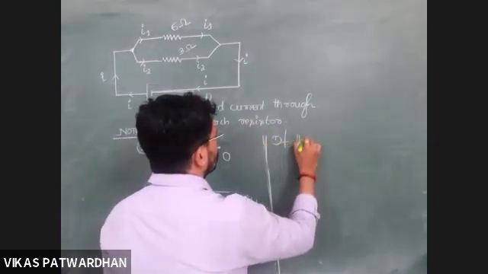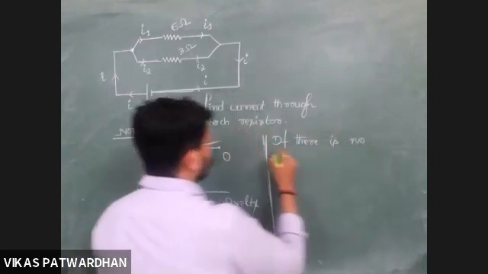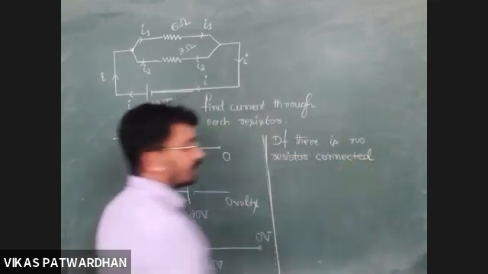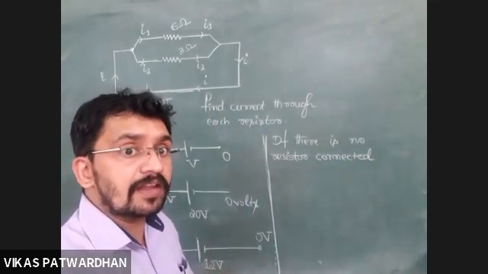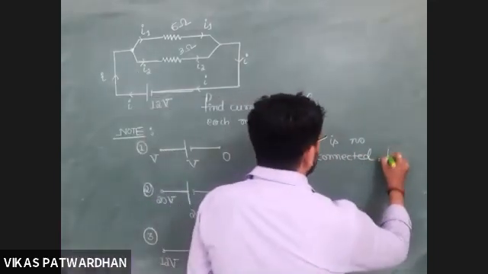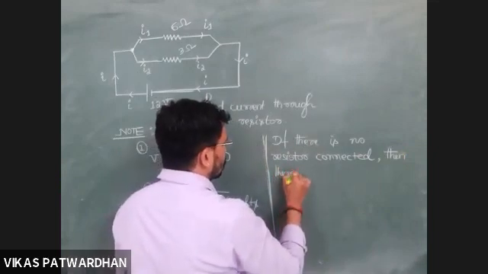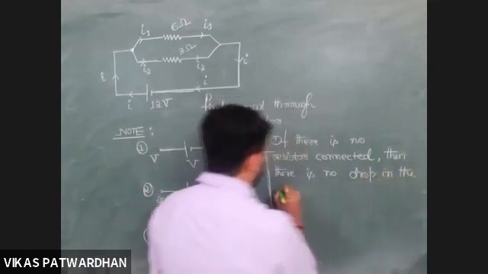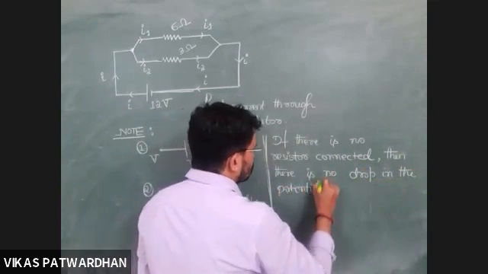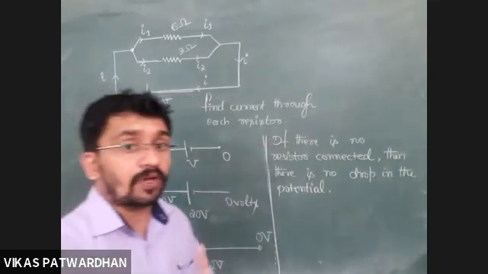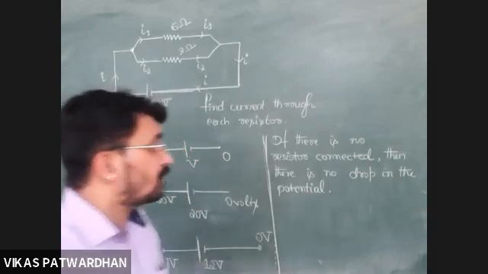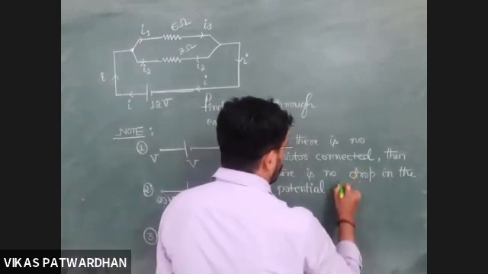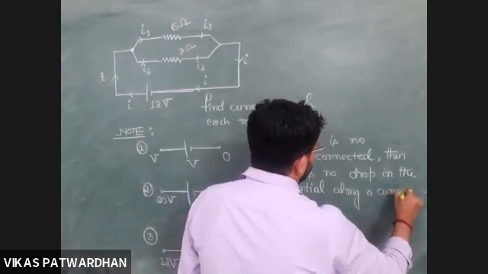If there is no resistor connected, then there is no drop in potential. No potential drop happens when there is no resistor connected. If there is no resistor connected, there is no drop in potential along a current carrying wire.